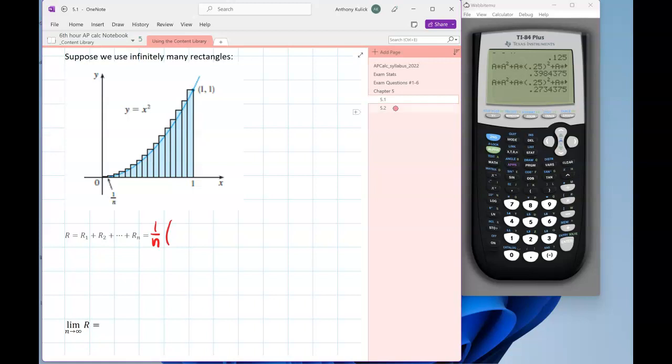And then the height is going to be 1 over n squared. And if I'm here, I've done 1 over n and then another 1 over n, so it's going to be 2 over n squared. And at that point, I see the pattern.